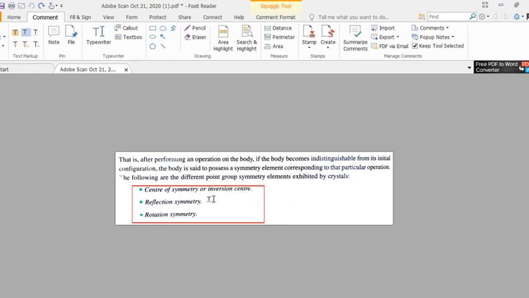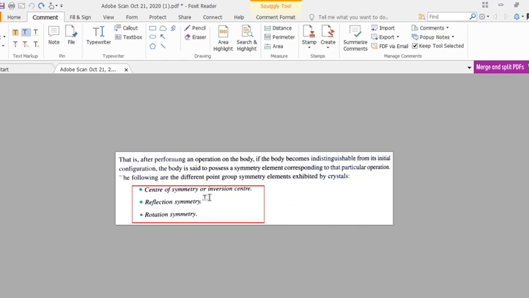Secondly is reflection symmetry, and third is rotation symmetry. So in the point group, three kinds of operations are performed on the crystalline structure: one inversion, second reflection, third rotation. And in every operation, if the system with reference to the environment and the environment with reference to the system remain invariant, then it is called point group symmetry.